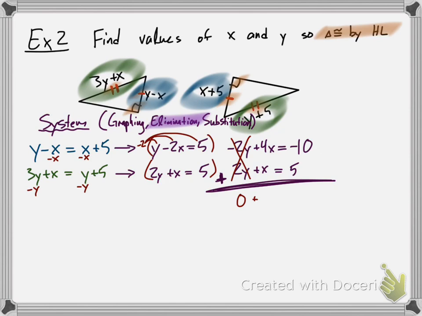We're eliminating those y's. 4x plus x, that will give us 5x, equals a -10 plus 5 will result in -5. So quick one-step equation here. Divide both sides by 5, and we get -1 for our x. So we've solved the first part here. We found one of the variables.